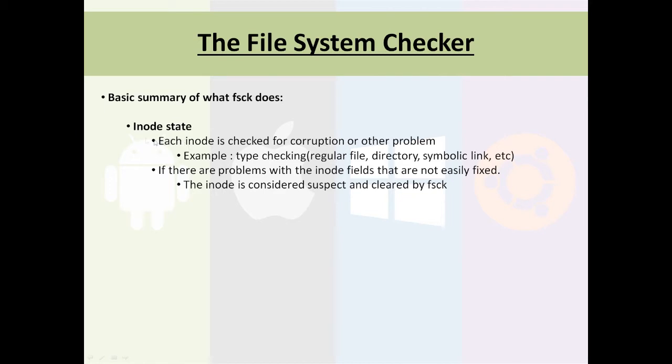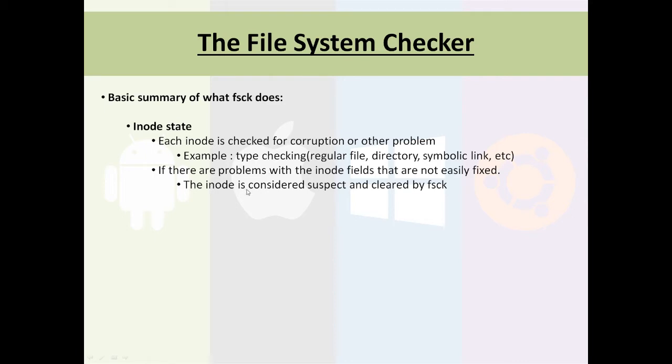Then the next one we need to look at is our inode states. Each inode is checked for corruption and other problems. For example, fscheck makes sure that each allocated inode has a valid type field, e.g. a regular file, a directory, a symbolic link, and so on.